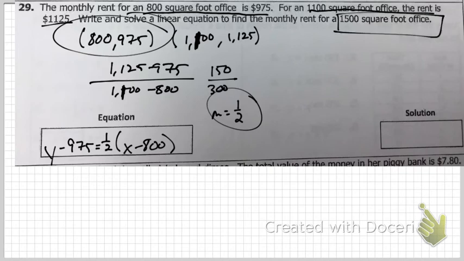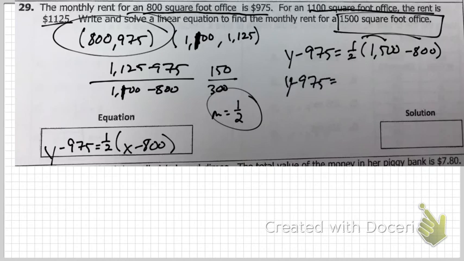That is x. So if I know the x, I can find the y. Check this out. I'm going to put 1,500 in for x, and if I solve for y, that's how much it's going to cost. I think I did slope intercept form again. You can do slope intercept form too, because there's more than one way to do this one. You could get slope intercept form and then substitute in your 1,500.